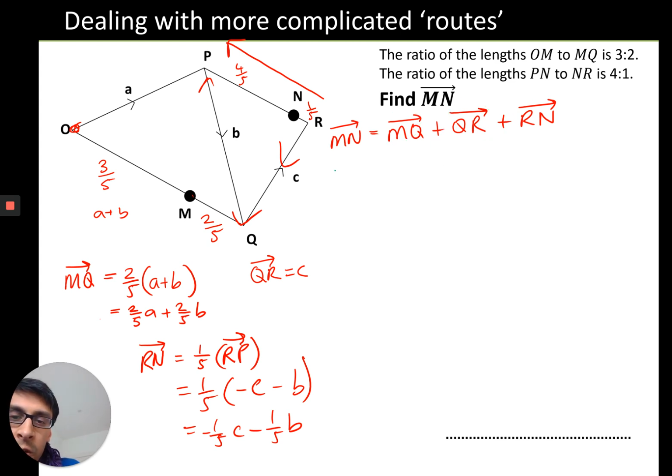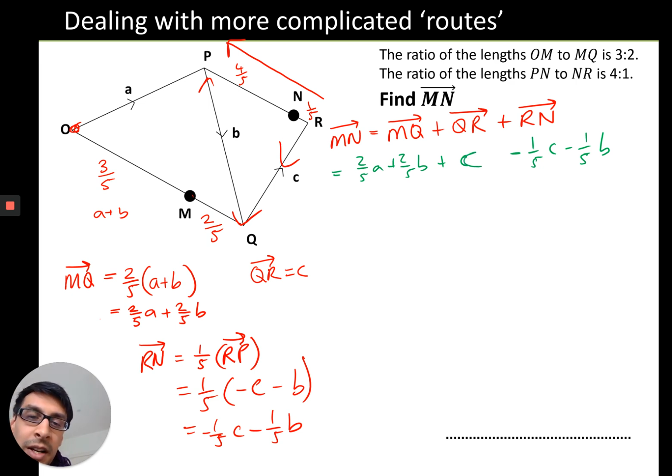So MQ is 2/5 a, 2/5 b. c is QR, plus RN, which is negative 1/5 c, take away 1/5 b. I don't really need the plus sign there, so I'm just going to get rid of that.